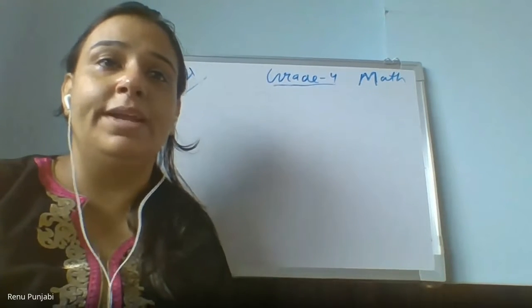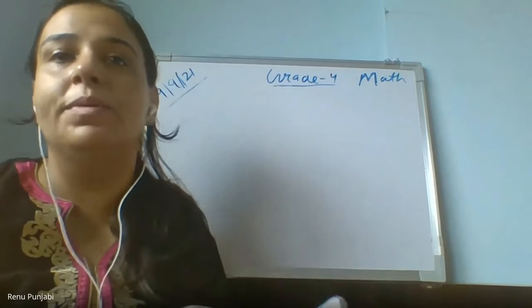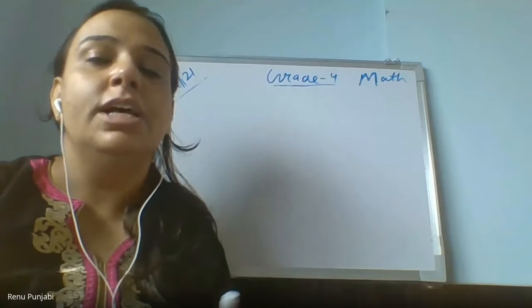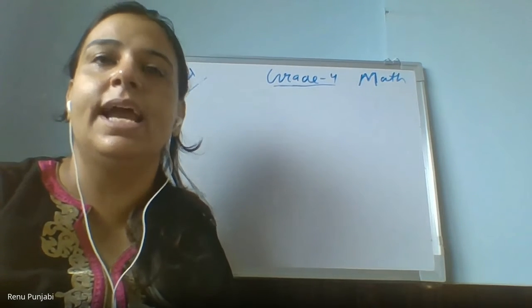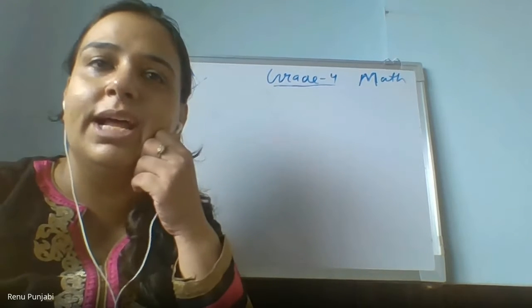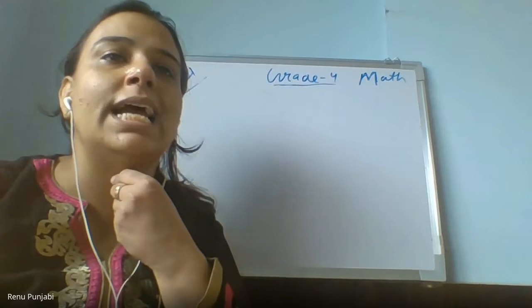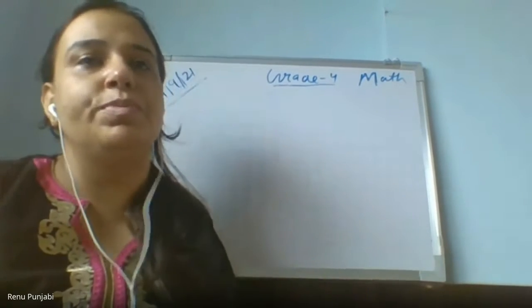You got only 1 minute, and within 1 minute you brought so many objects in circle shape. It means your observation power is good. You are observing the things quickly and bringing them and showing me that this is in circle shape, right? So the basic aim of this activity is to improve your observation power. Yes, Priya.